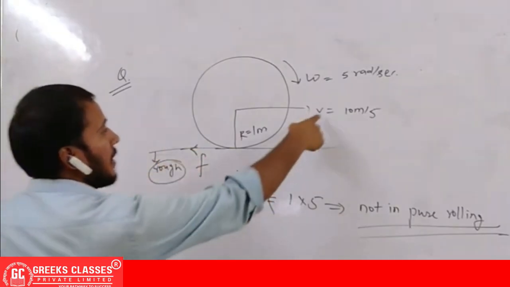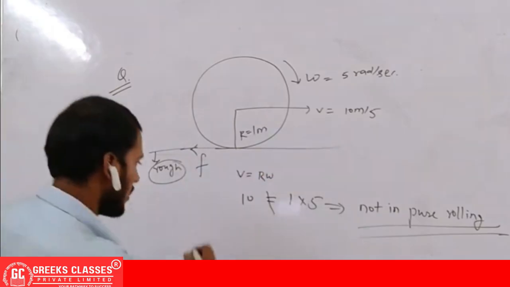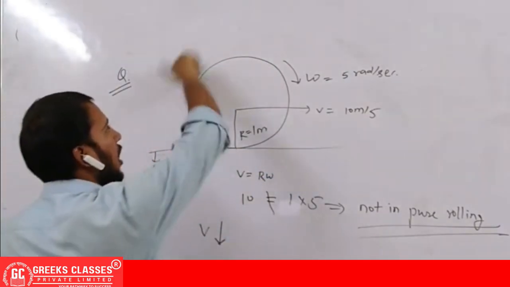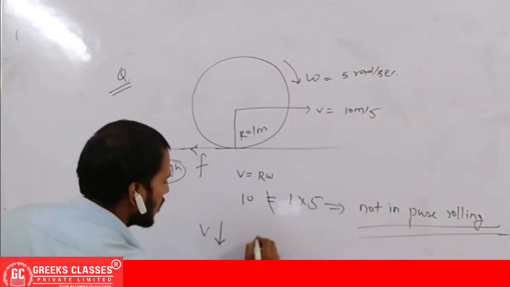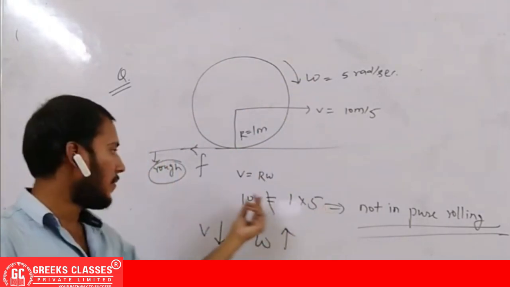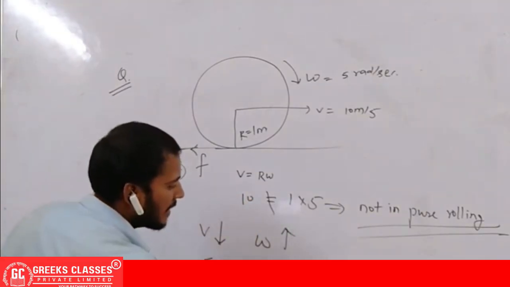What will happen? Due to this friction, there is an acceleration in negative x direction and the velocity will decrease. And due to this friction, a torque is in this direction, so omega will increase. So now currently omega is 5, v is 10. So v will be less than 10 and omega will be greater than 5.